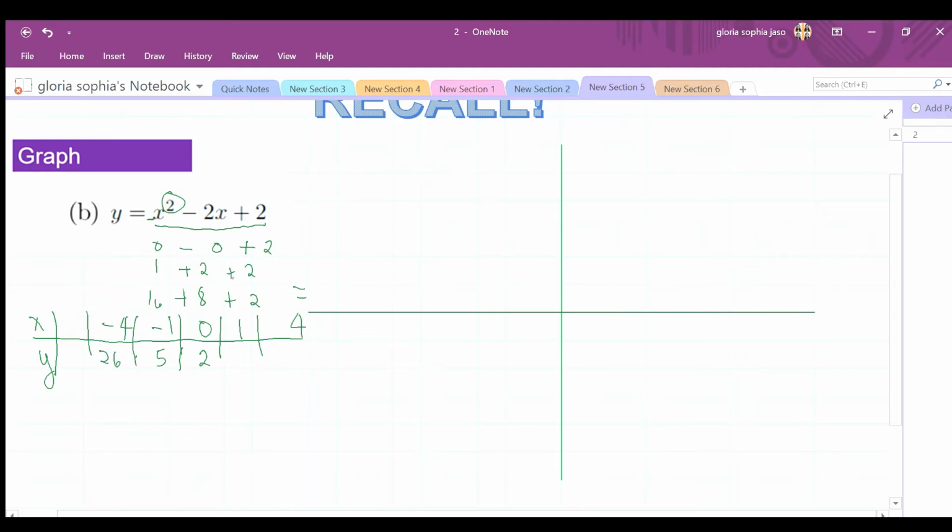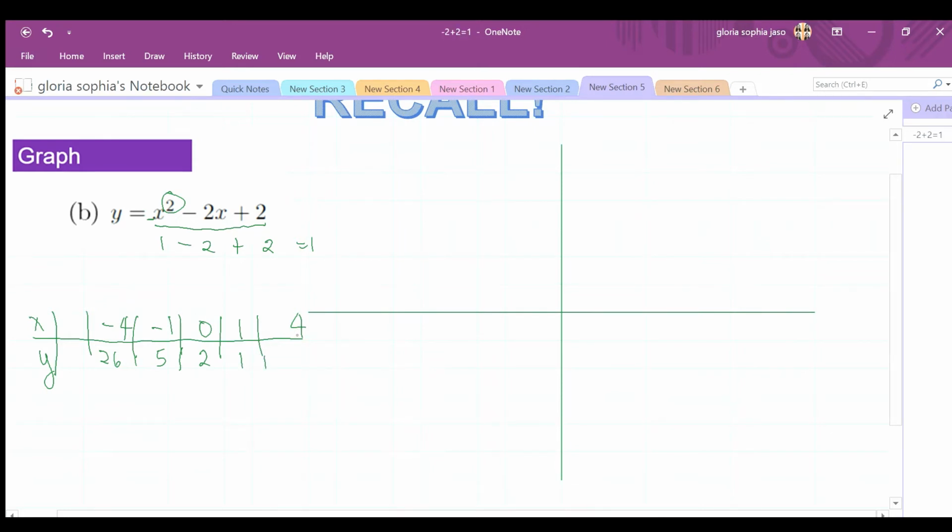Okay, for 1, ayan, so dito sa taas. Kung 1 naman, so erase muna natin yung iba. Okay, kung 1, 1 minus 2 times 1, so minus 2 plus 2. Okay, so the answer is 1.